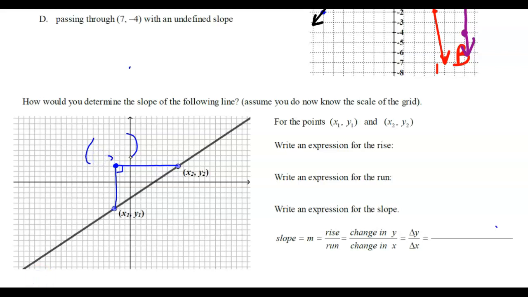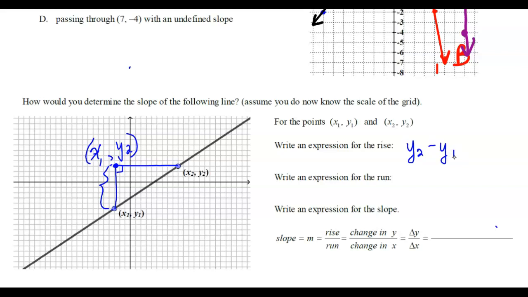So that's going to be y2. So now when we think about our rise here, we're taking the highest minus the lowest. So the rise will be y2 minus y1.